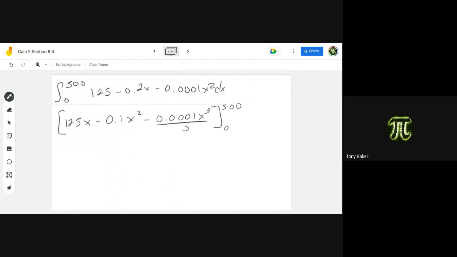I just have to plug in the 500. And we get $33,333.